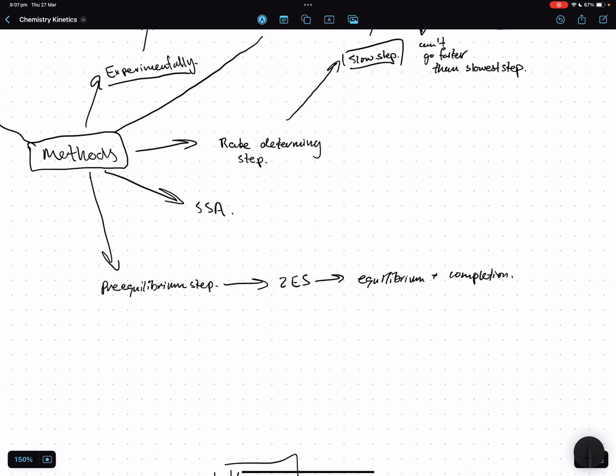Ultimately you have three equations. Let's say this is k1, and the reverse of the reaction is going to be k to the -1, and this is k2.